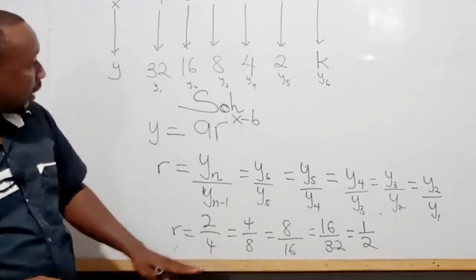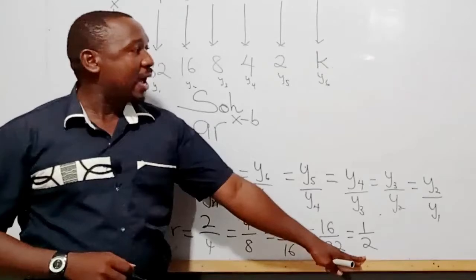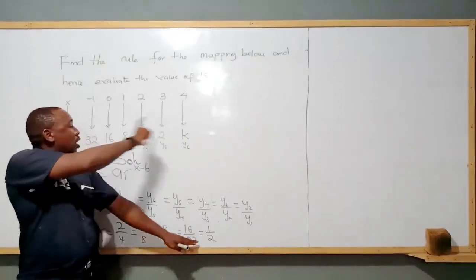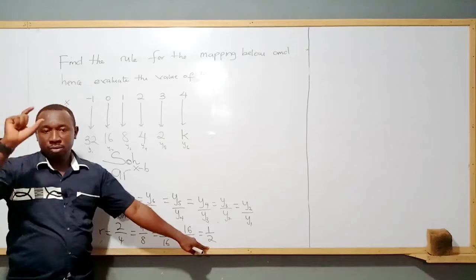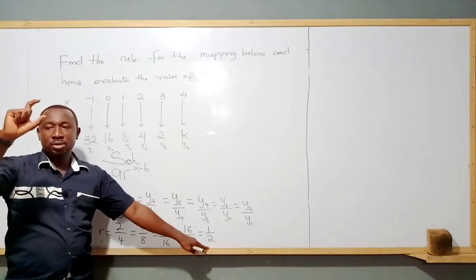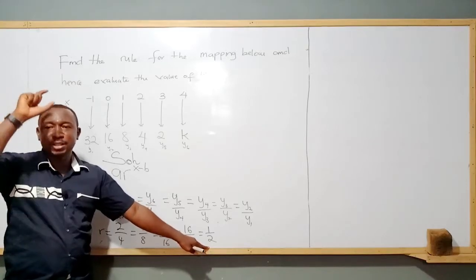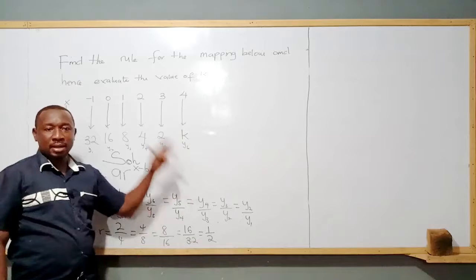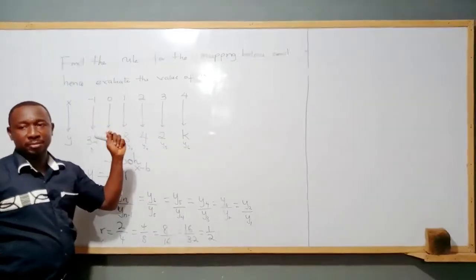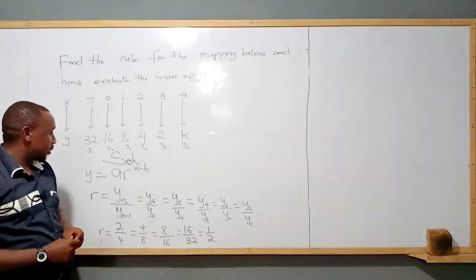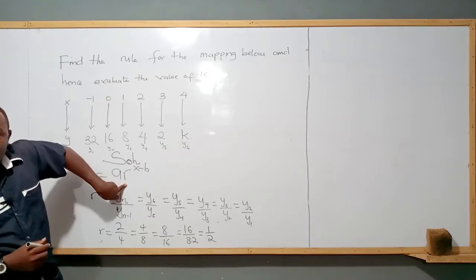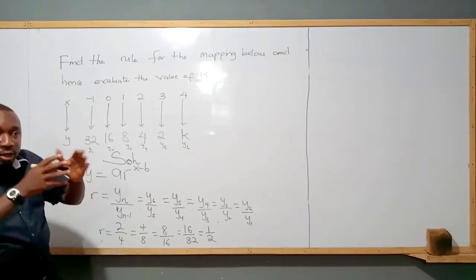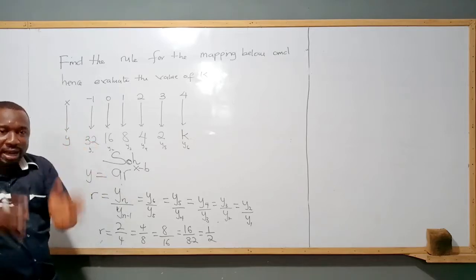Now, if you identify that all these answers are giving you the same answer, which is half, then it means that it is an exponential mapping. Okay, we know R in the formula to be the common ratio, and that helps us to identify exponential mapping. They should have a ratio that is common.